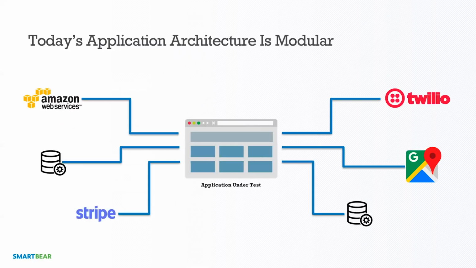Today's application architecture is modular in nature. That means you have the central application that you're hitting on the UI side, but it's made up of many different parts on the back side. The data and the functions behind that UI are made up of smaller components, like Amazon Web Services doing compute and storage, Twilio communicating with clients, Stripe for payment processing, Google Maps helping with locations, and some databases.